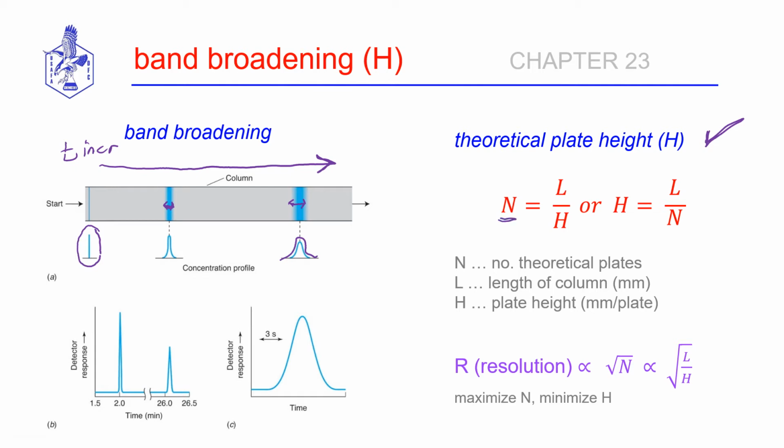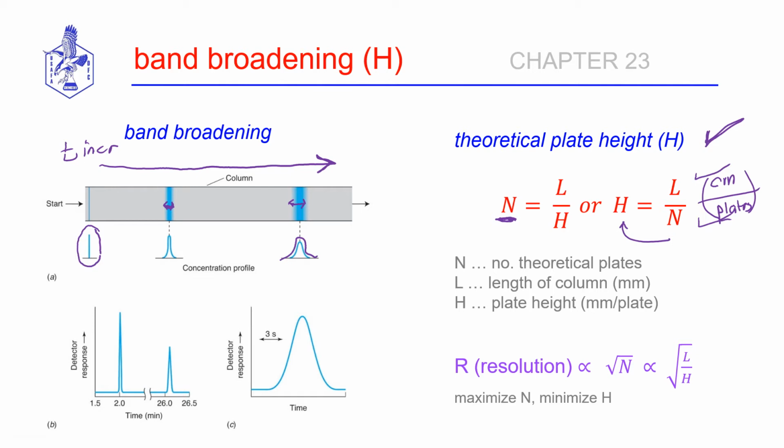If n is the number of theoretical plates, we calculate H as the length of the column divided by the number of theoretical plates. So if our column is so many centimeters long, then we're going to divide by the number of theoretical plates. And so the units on the plate height are going to be centimeters per plate.